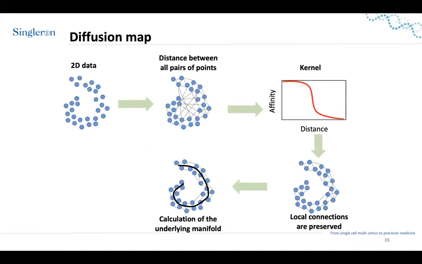Another method for dimensionality reduction is the diffusion map method. So imagine again you have 2D data where each dot represents one cell, let's say on gene 1 and gene 2. Gene 1 would be on the x-axis, gene 2 on the y-axis, and the cells are distributed like this depending on their gene expression.